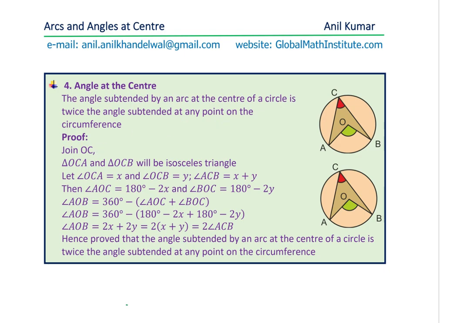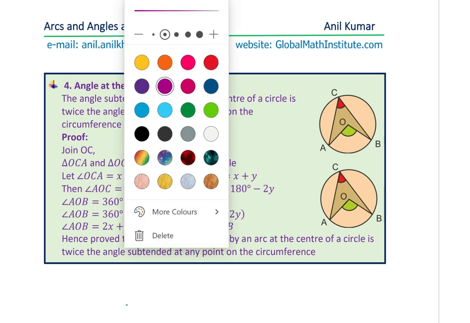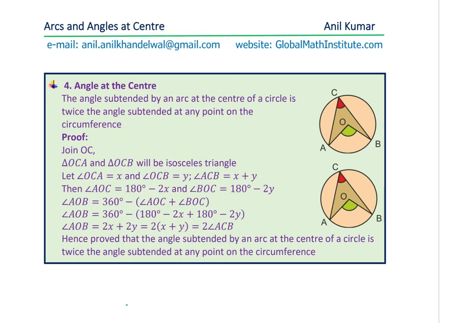And the proof is very simple. You need to join O to C. So let us say we join OC. In that case, we have two triangles, OCA and OCB. These are isosceles triangles, right?